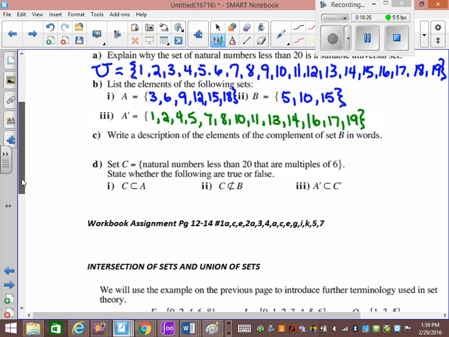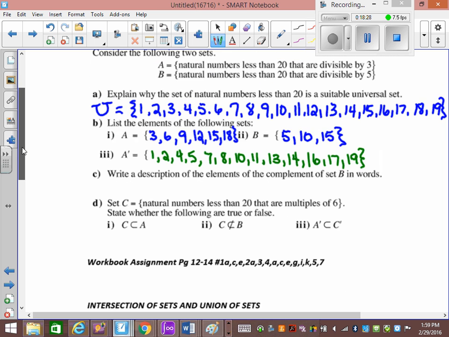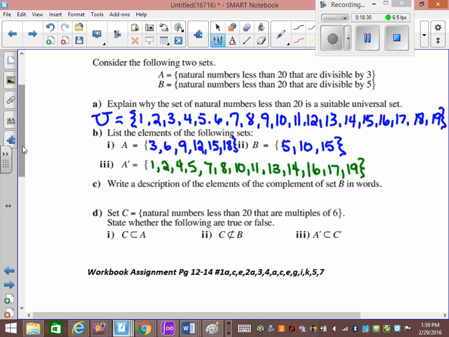Write a description of the elements in the complement of set B. The complement of set B. So if B are the ones that are divisible by 5, not B would be the numbers that, what? Divisible by 5. What's the opposite? So instead of saying they are divisible by 5, we're going to say the numbers that aren't divisible by 5.